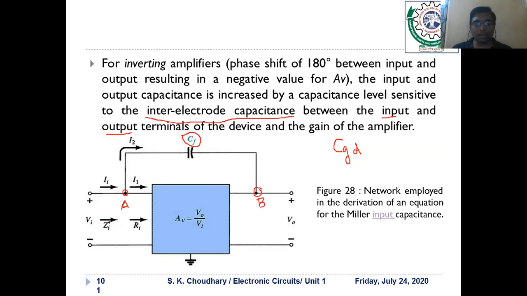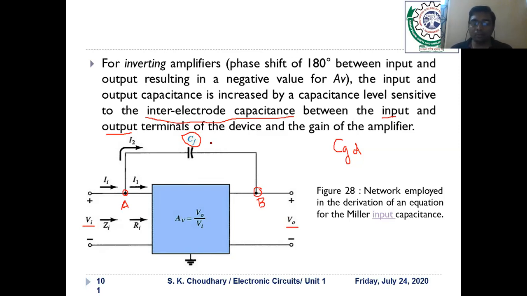Across A we have the input terminal, across B there is the output terminal. So the output voltage is V0 and the input voltage is Vi for this amplifier. And this CF is a feedback capacitor connecting the output to the input terminal, or input to output terminal.